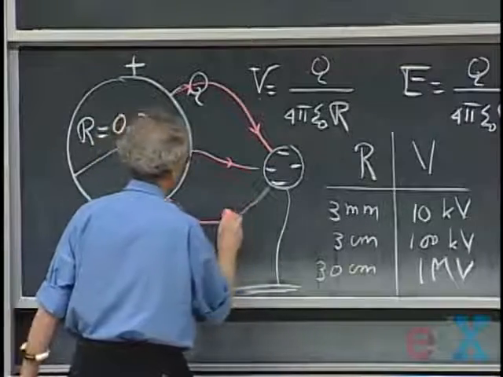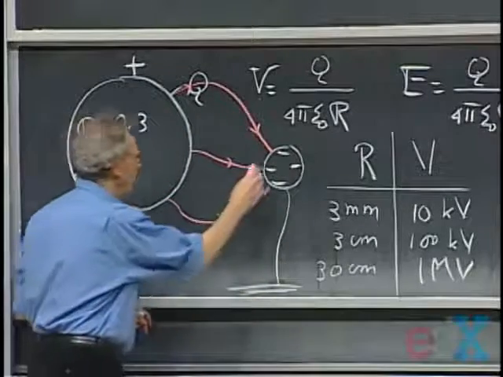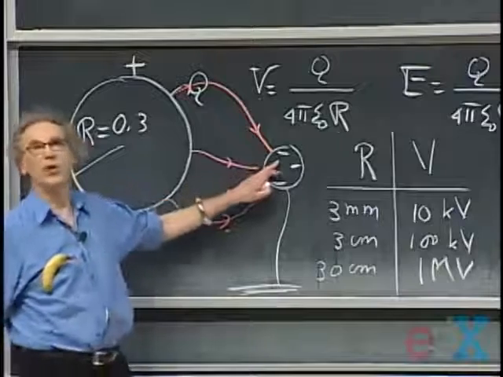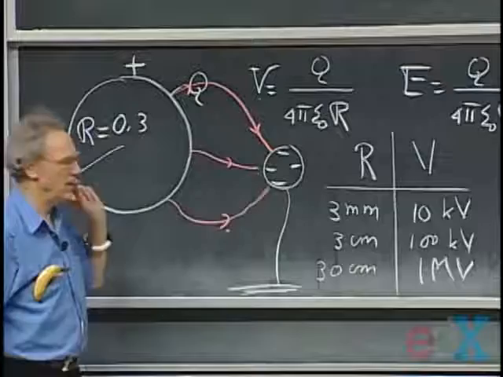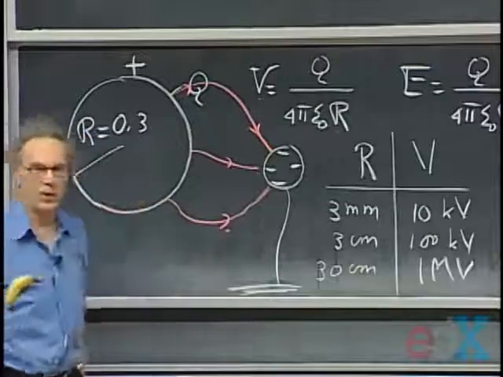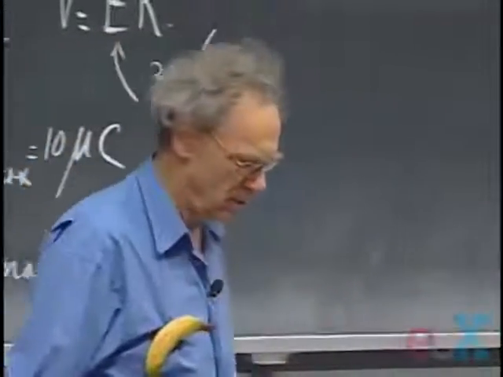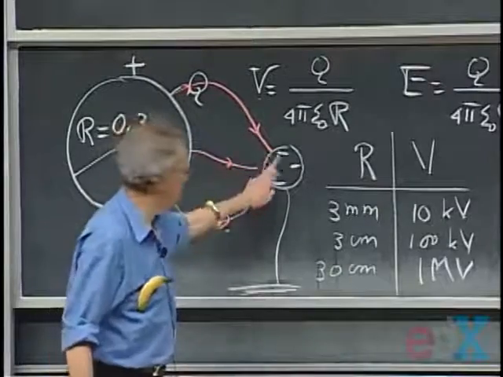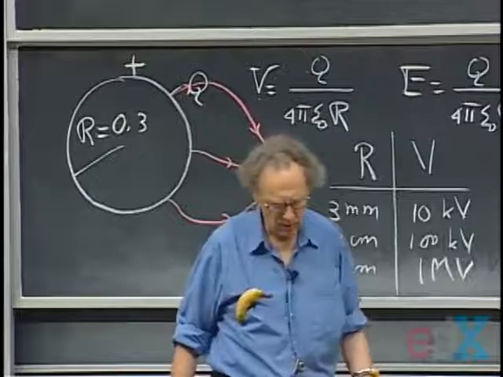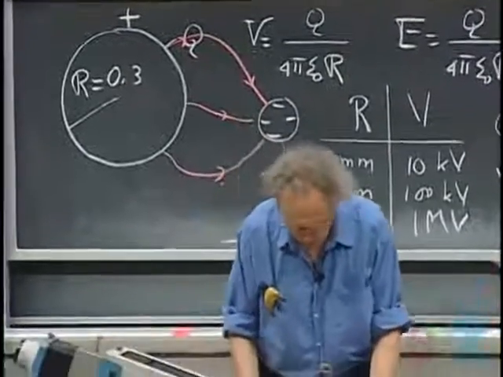So they go like this. The electric field here will probably be the strongest, and so the spark will develop between this sphere and the Van de Graaff, provided that you are close enough, so that you achieve an electric field close to this sphere of about 3 million volts per meter. And I will show you that later.